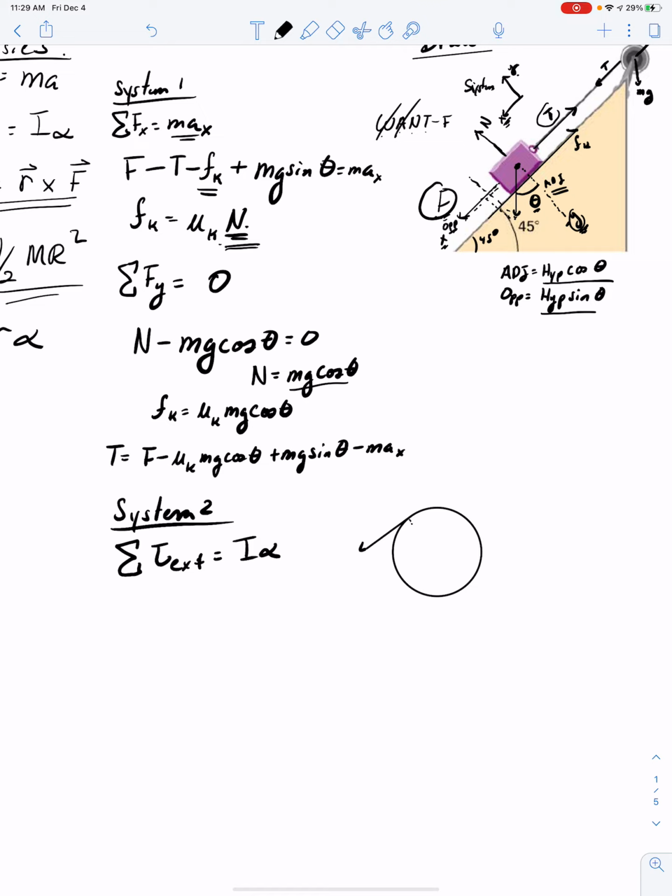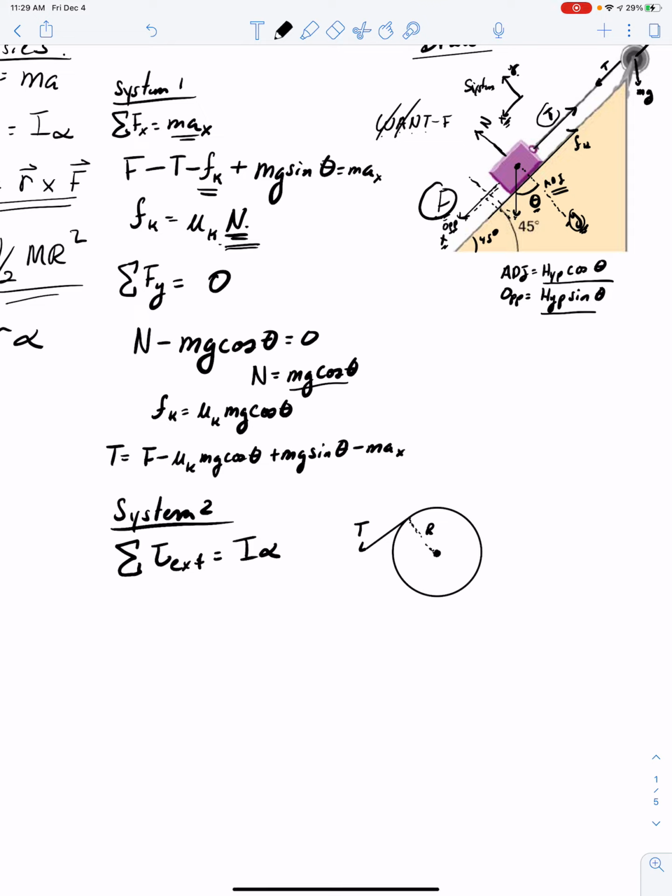the rotational force of an object when you're applying a force, and this force is tension in this case, and you're analyzing it from a distance to the axis of rotation.